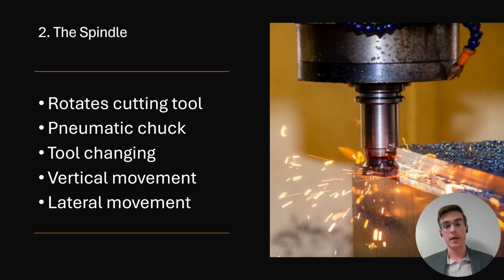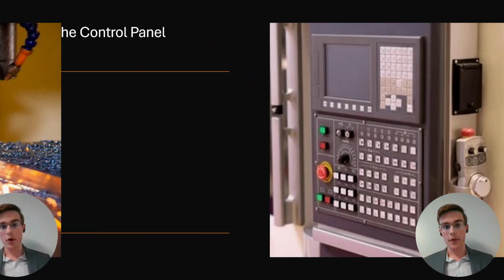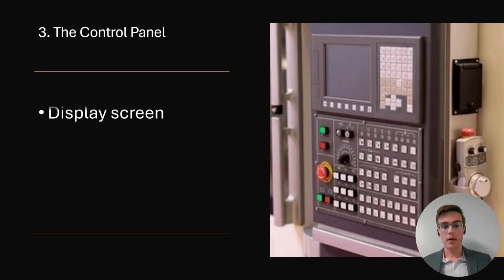And the benefit of that would be that the bit has more contact with the part, so there's more surface area being cut away, so it's quicker, but it also wears out the tool faster, and it's generally less useful for most applications.